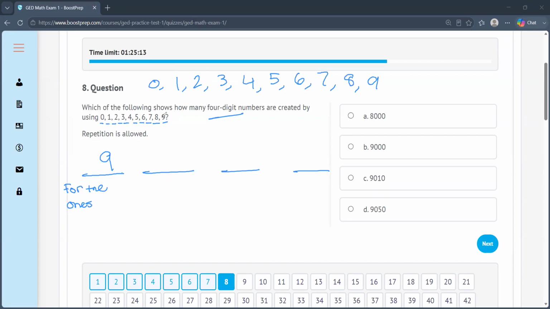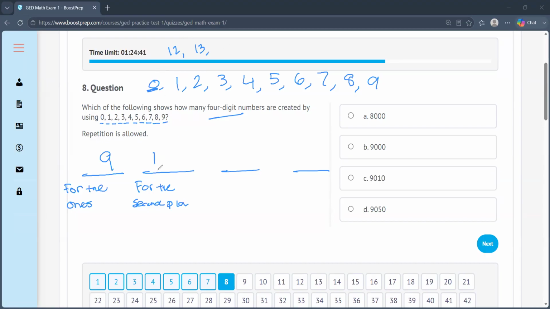And then what about for the second digit, for the second place? Remember, it's a four-digit number, so you could do one, two, one, three, four, five, and don't forget zero, include the zero.